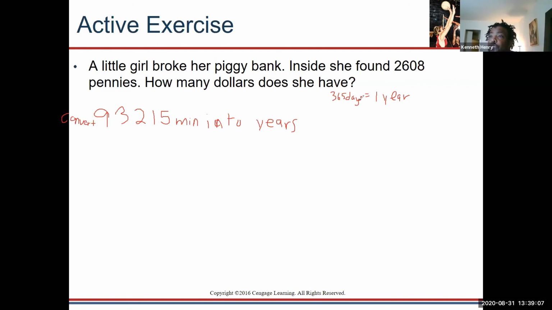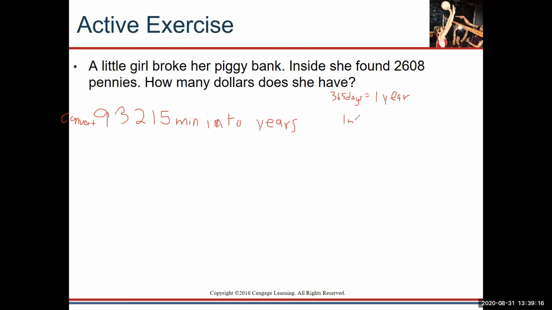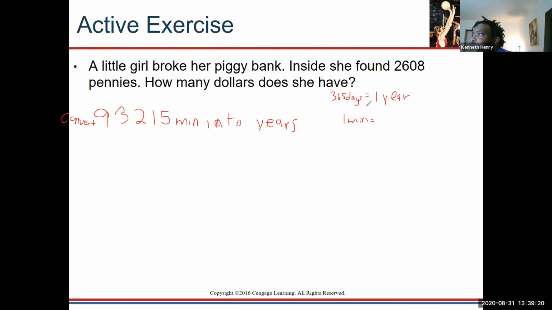What other conversion do we need? Oh, we need to get minutes. Okay, minutes to what? Minutes, I think, would have to go into hours. And how many minutes are in an hour? 60.